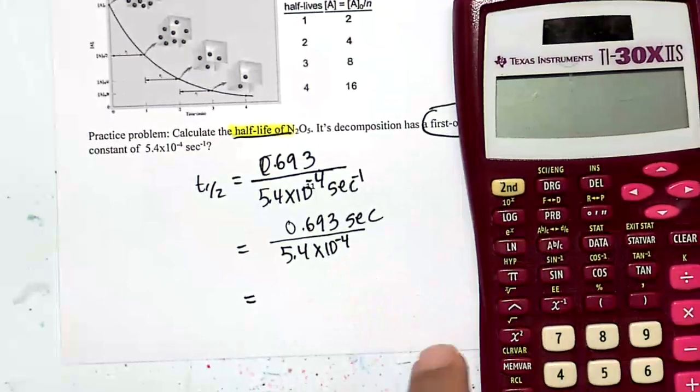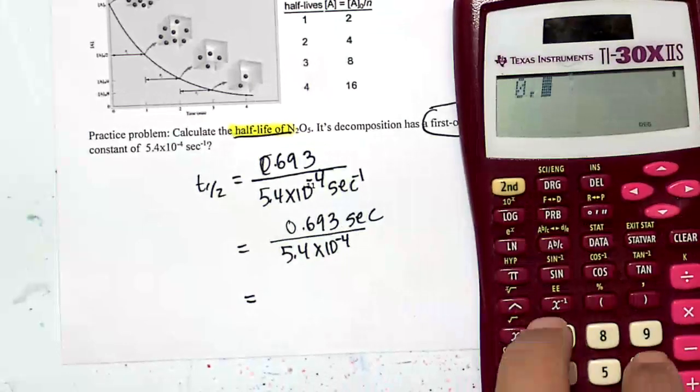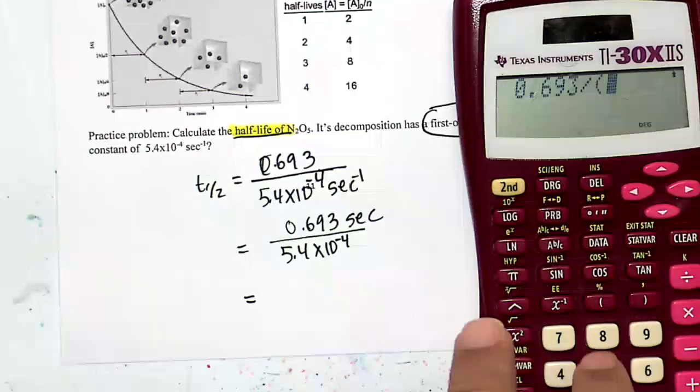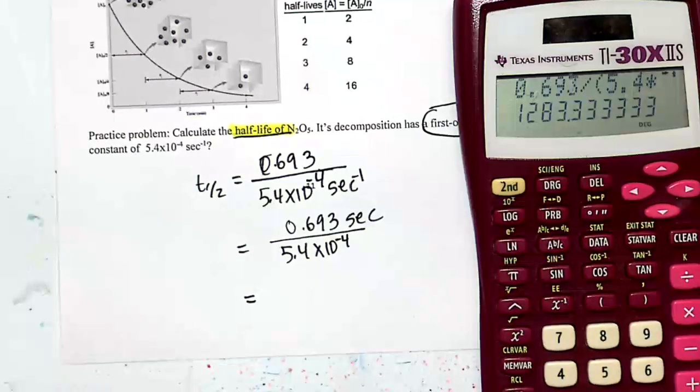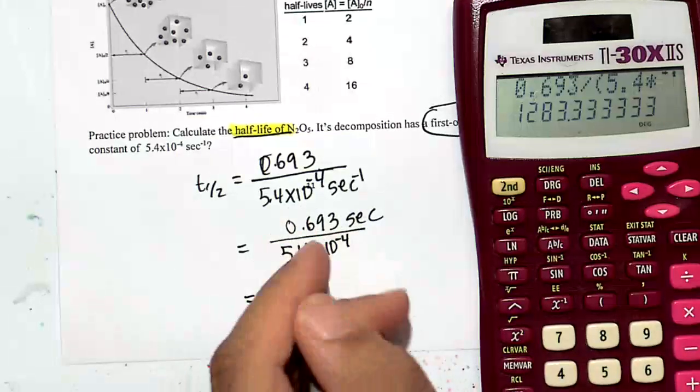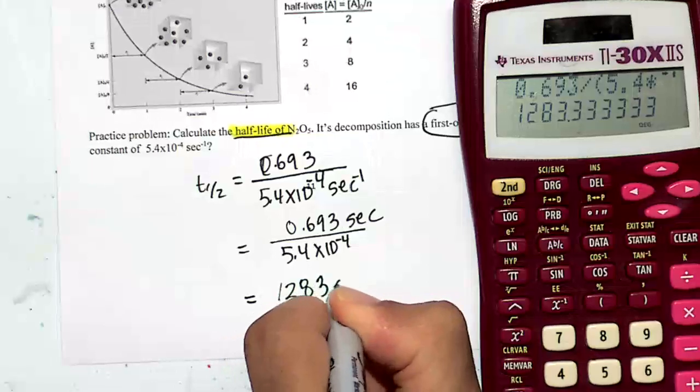What is this on our calculator? I'm getting 1283 seconds. It's a time.